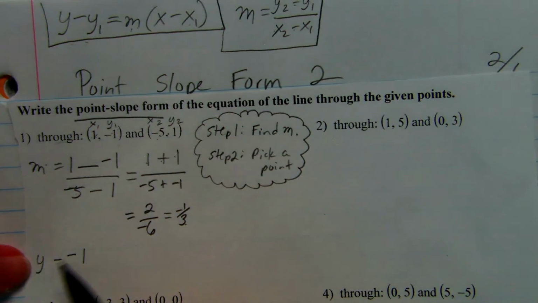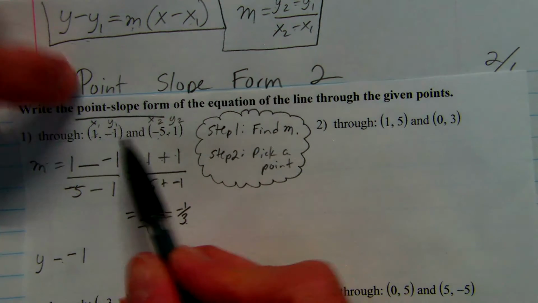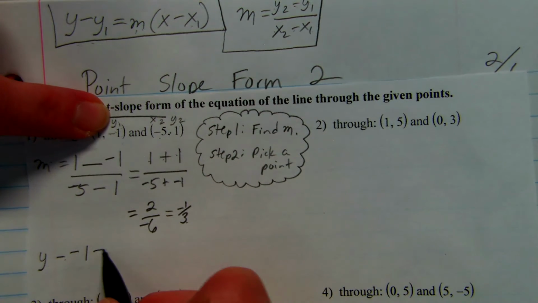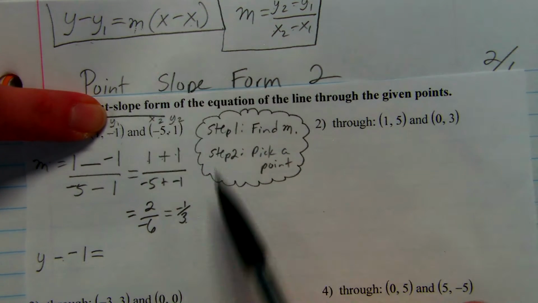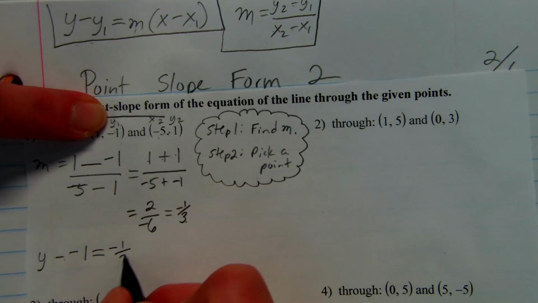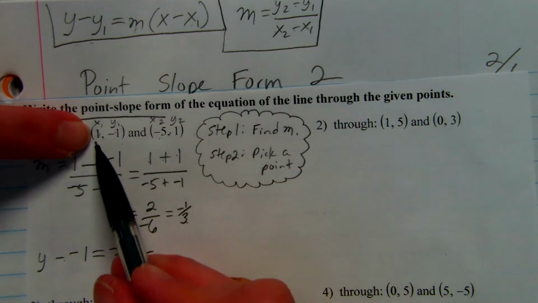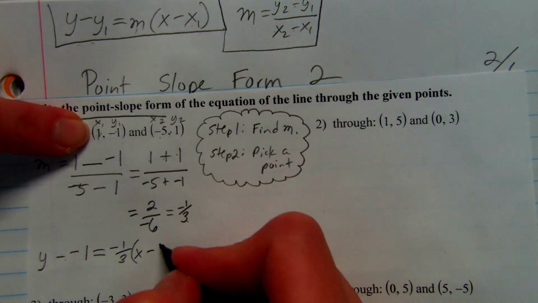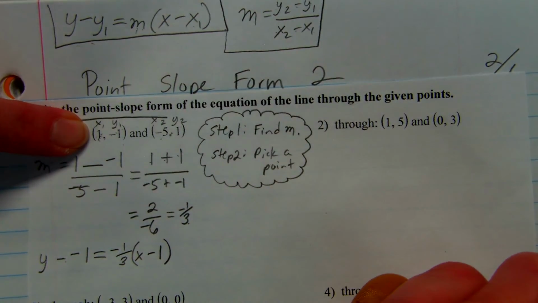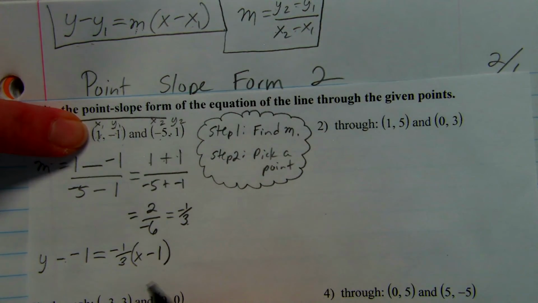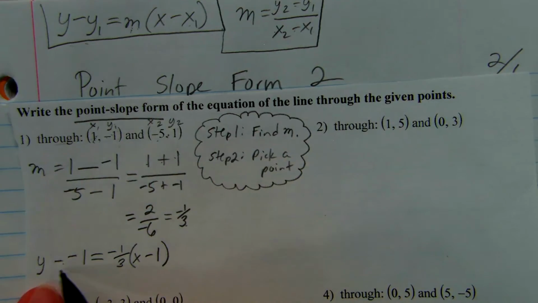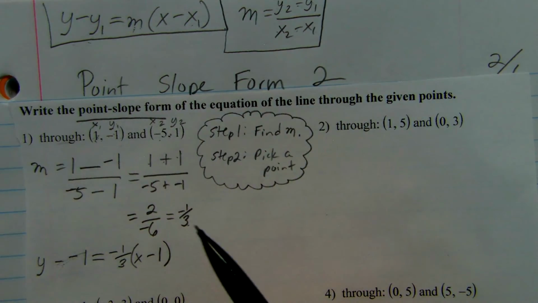So I'm going to do y minus, and then using this y, negative 1, equals, and then m is the number we just found, negative 1/3, parentheses, x minus this right here, which is 1. So basically all you have to do is find the slope, and then we're going to change this to plus.